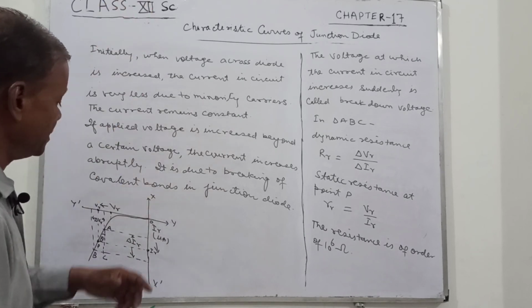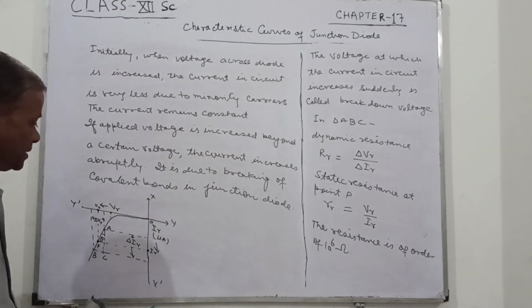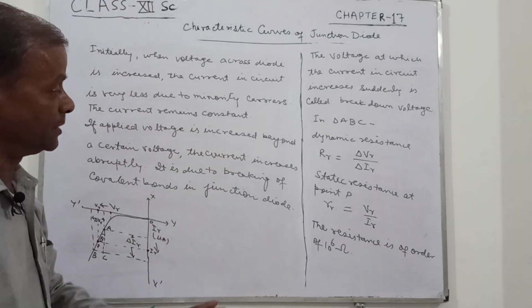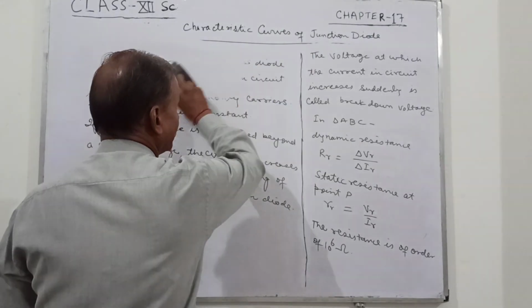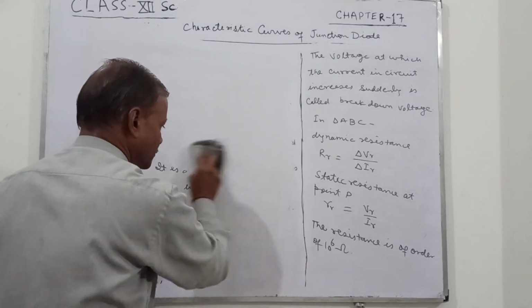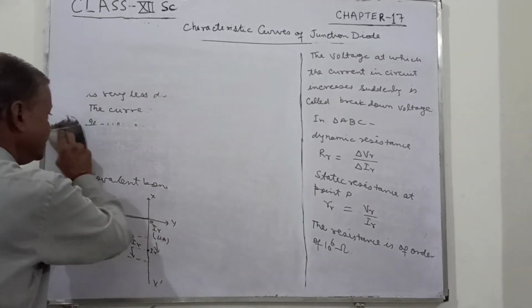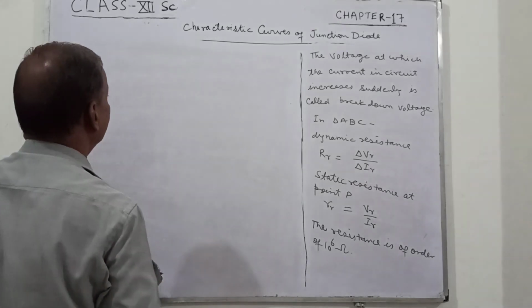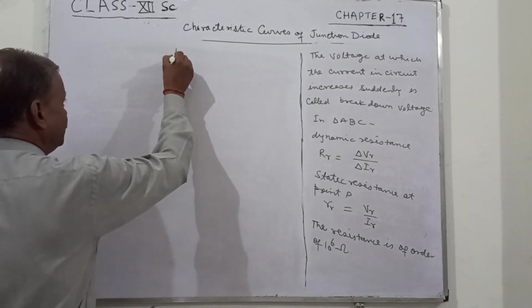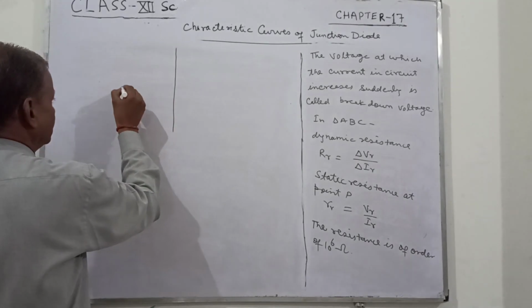So this is about the characteristic curves, and if we draw both the curves simultaneously, then we can have like this.